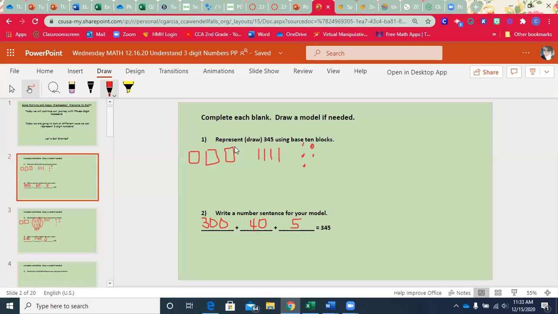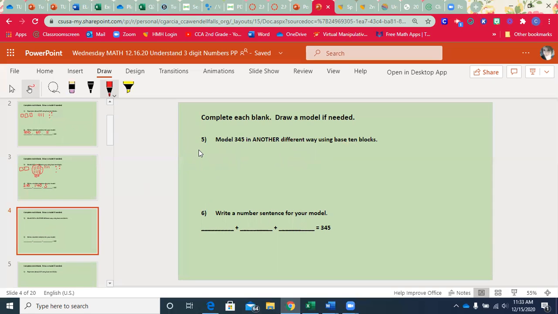And instead of regrouping one of the hundreds, I'm going to regroup one of the tens into 10 ones, because remember, 10 ones equals 10, 10 tens equals 100. So I'm going to go down here. I'm going to keep my 300s intact. And I'm going to regroup one of my 10s.